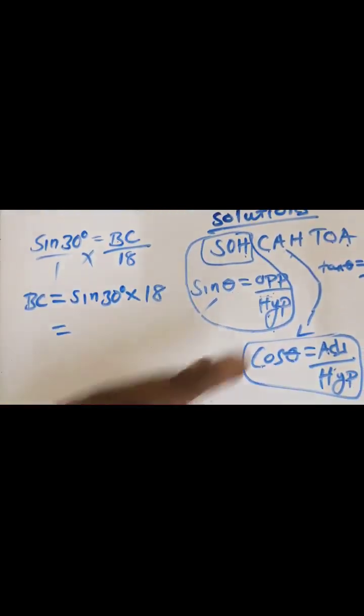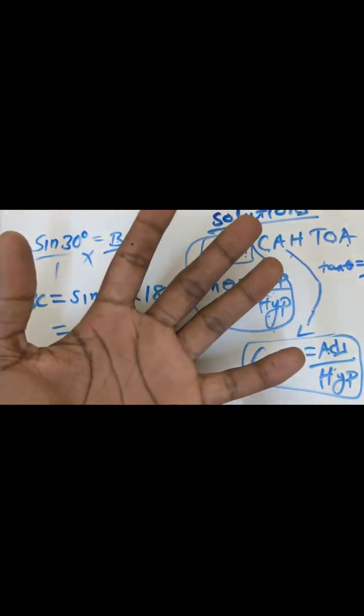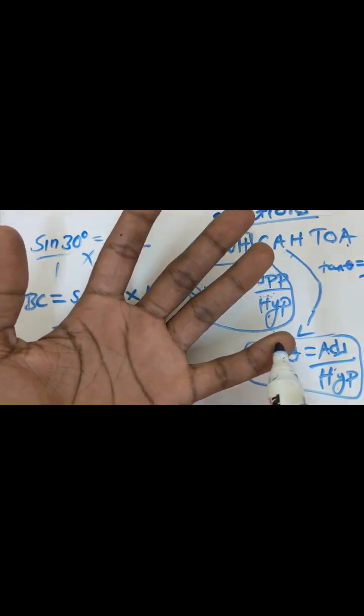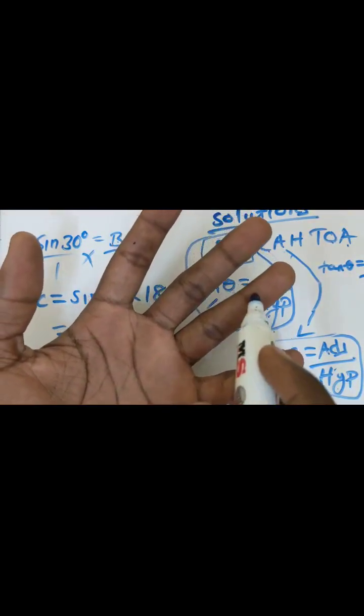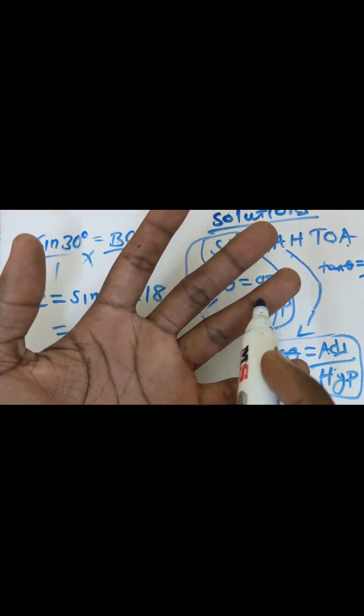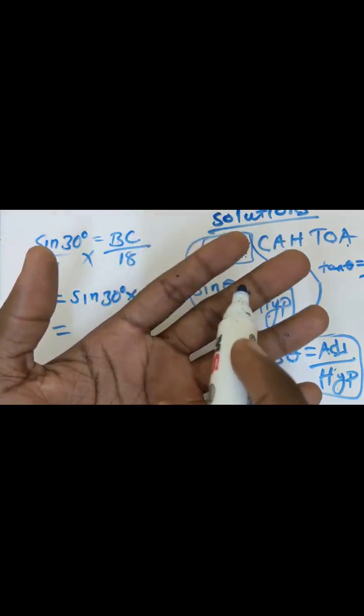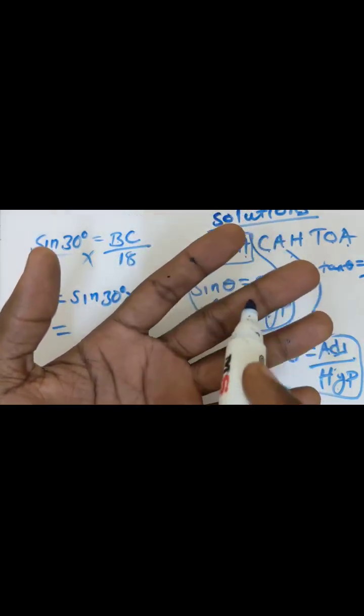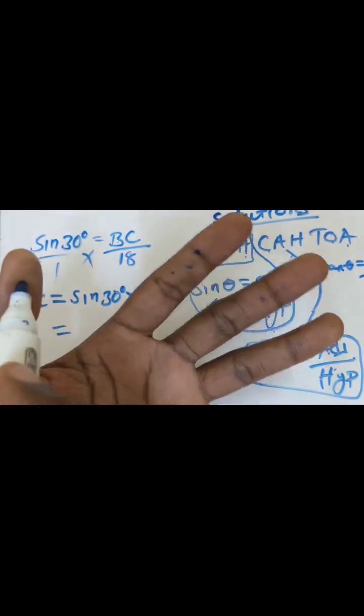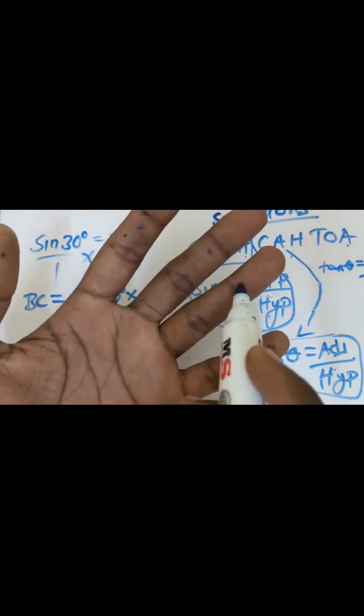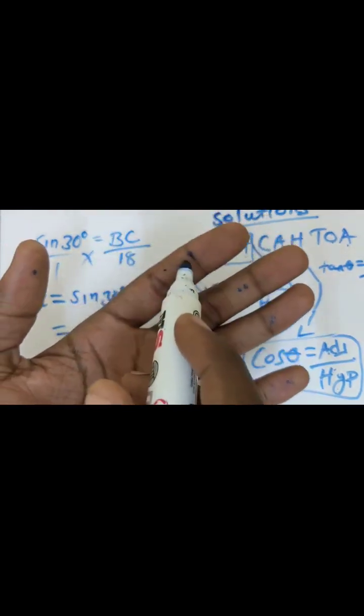So here, sine 30. Okay, so we said that this is 0 degrees, this is 30 degrees, this is 45, this is 60, this is 90. 0, 30, 45, 60, 90.